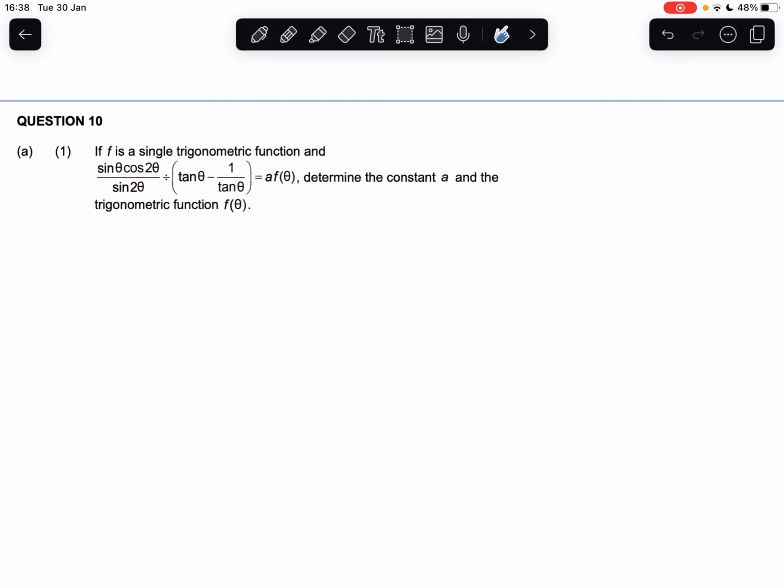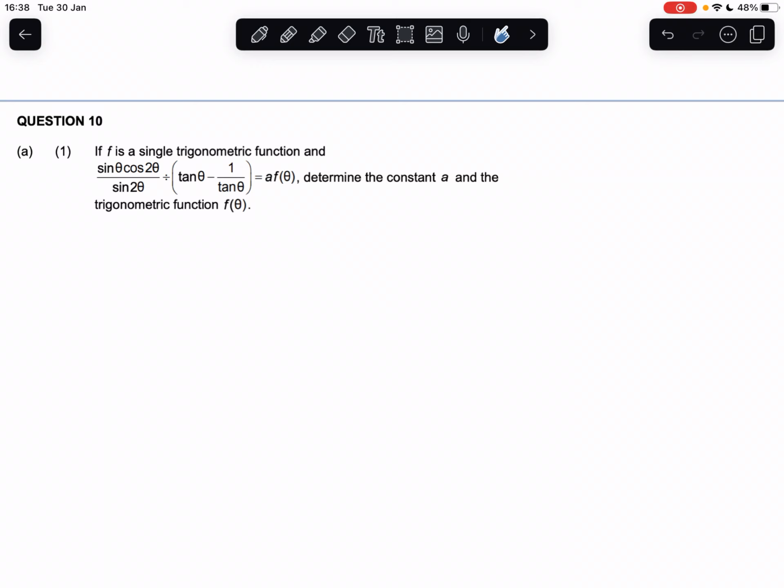Question 10a1 says, if f is a single trig function and sine theta times cos 2 theta divided by sine 2 theta, that fraction divided by tan theta minus 1 over tan theta, is equal to a times some trig function, as we've been told. So that could be a times sine theta, a times tan theta, etc. Determine the constant a.